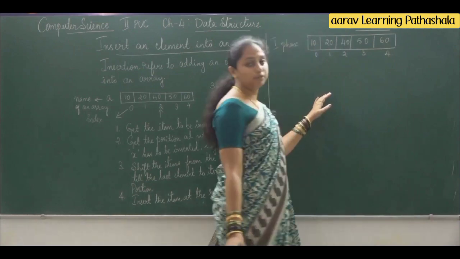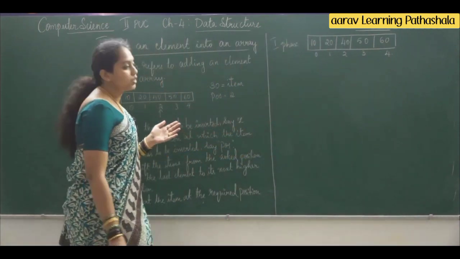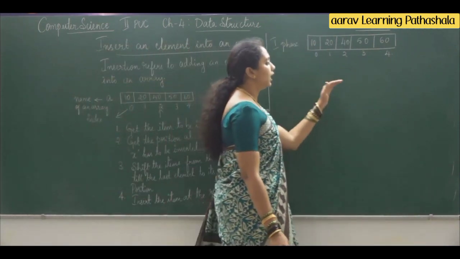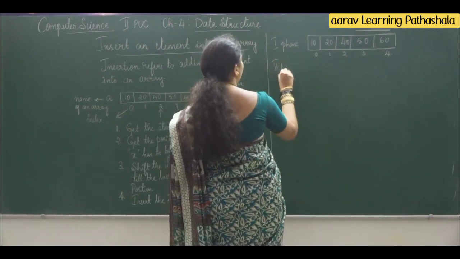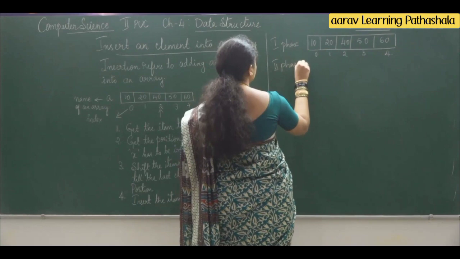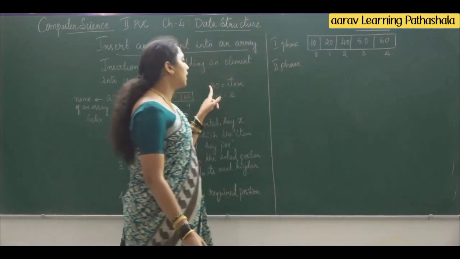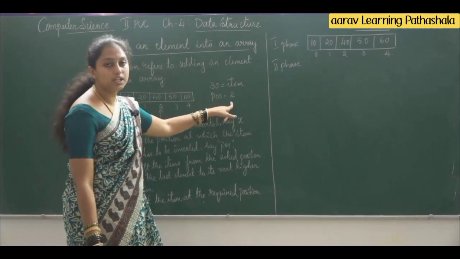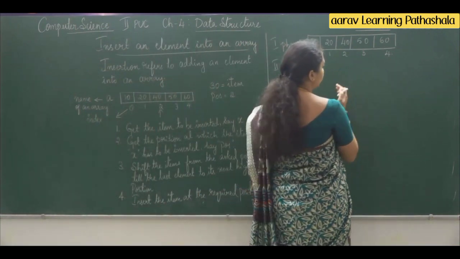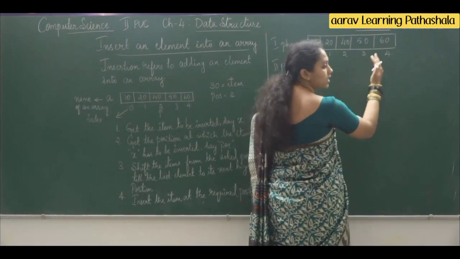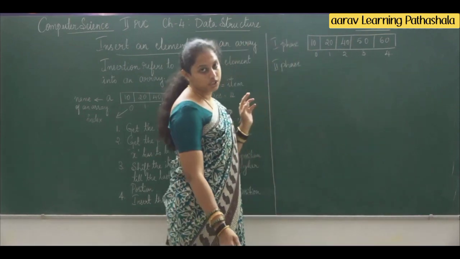So this is before insertion. So before insertion the array will be like this. So I want to add an item called 30 at position 2. For that what we have to do? We have to shift the items to its next higher position.